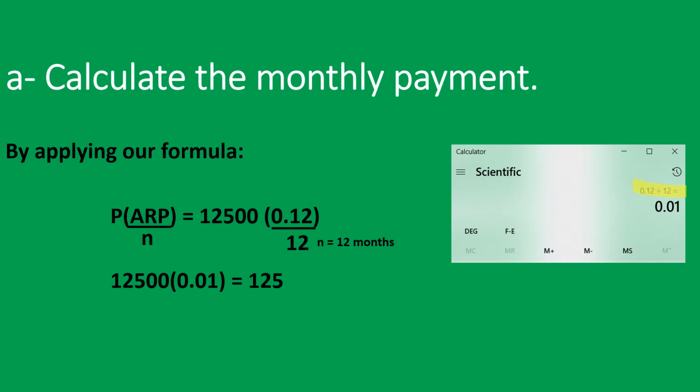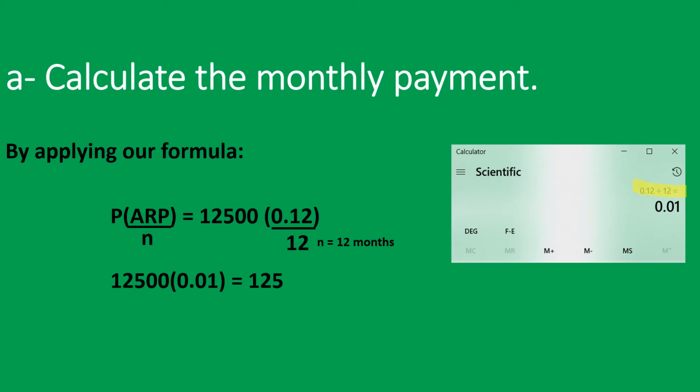So your principal loan is 12,500. Our interest rate was 12, so I changed it to 0.12, and we're gonna divide this by 12. 12 means 12 months, because each year has 12 months.